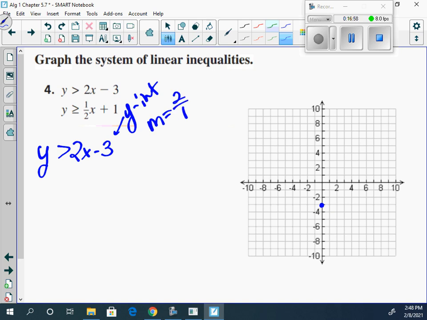Even though it's just a whole number 2, we can write it as 2 over 1, because anything divided by 1 is just the number itself. 2 divided by 1 is still 2. And because it's positive, we're going to go up 2 and over 1. And we can do this again, up 2 over 1. And we could keep repeating this over and over again if we wanted to. And what we're going to draw is a dashed line.